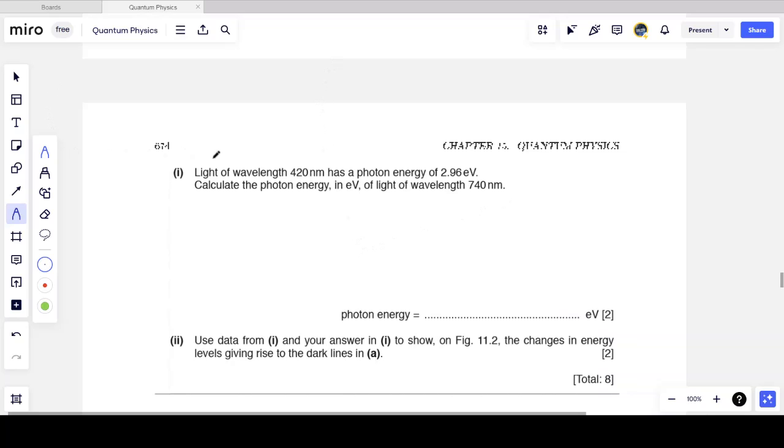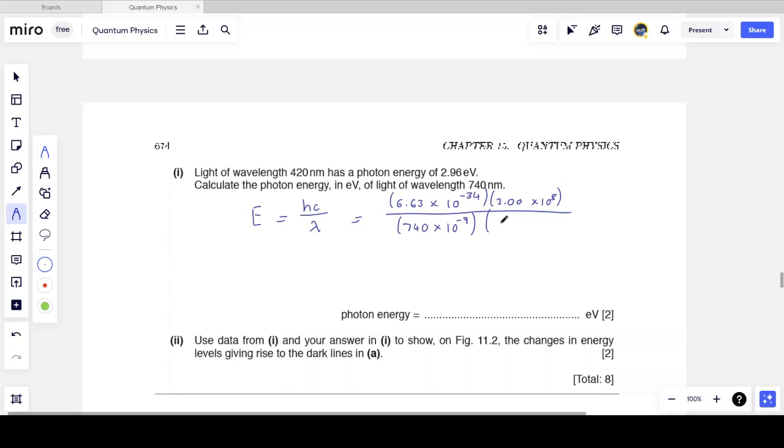Okay, so energy is hc over lambda. For once, we can just simply calculate the energy rather than rearranging and solving for something else. This is Planck's constant, 6.63 times 10 to the minus 34, times 3 times 10 to the power 8, divided by the wavelength of this light, 740 times 10 to the minus 9 meters, 740 nanometers.